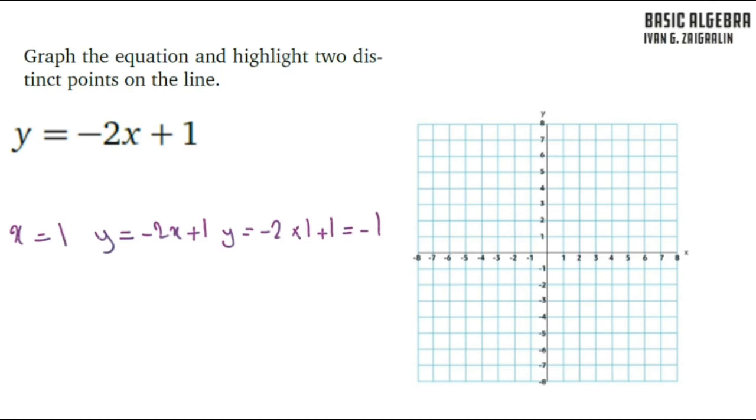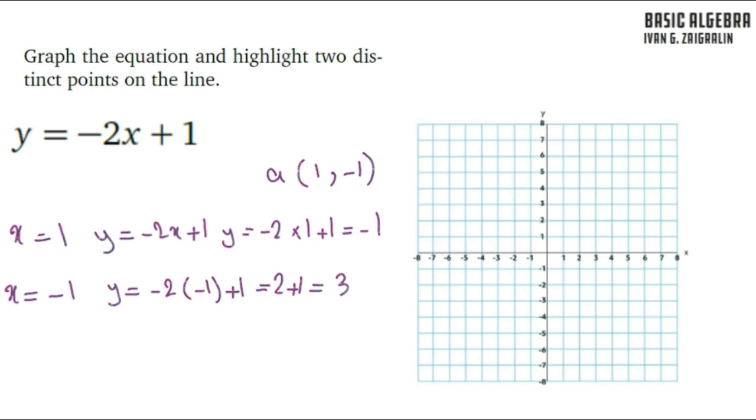And this is the point A, x 1 and y -1. And when x equals -1, y equals -2 times -1 plus 1, which equals 2 plus 1, which equals 3, and B is -1 and 3.